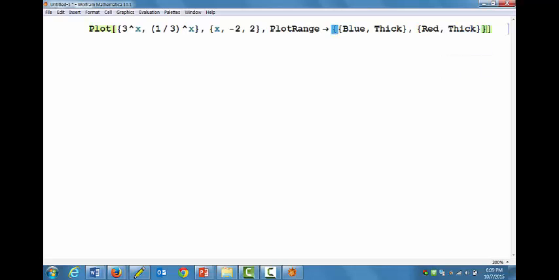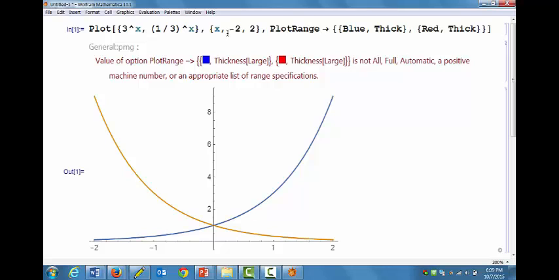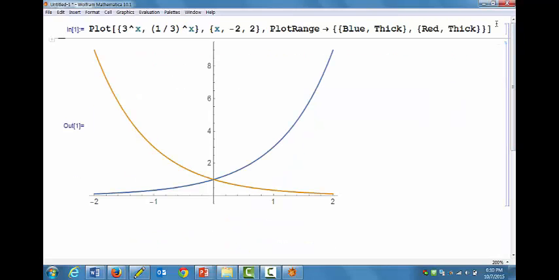And notice that I get an error message because I actually got ahead of myself and didn't give the plot range. I actually gave what I wanted to give for plot style. So I'm going to fix that. Let's get rid of this error message. Basically it didn't know what I was talking about. So I'm going to go in and actually give it the plot range.